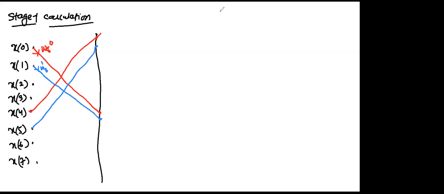Okay, then next, I'm using a different color so that people will not be confused about the butterfly. And x2, x6. This is omega 8 2, and the last butterfly is x3 and x7.